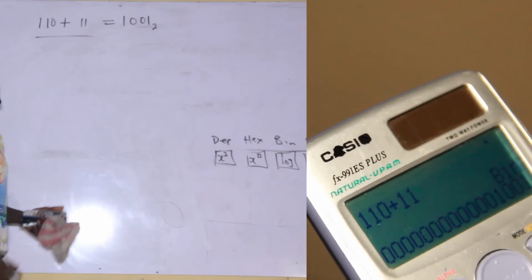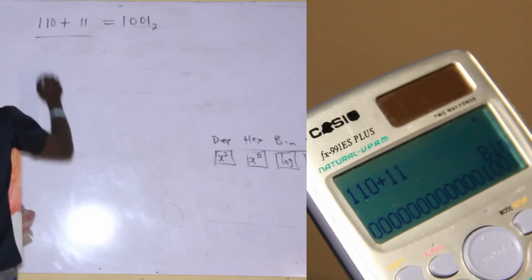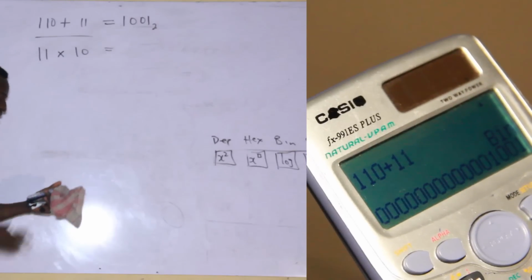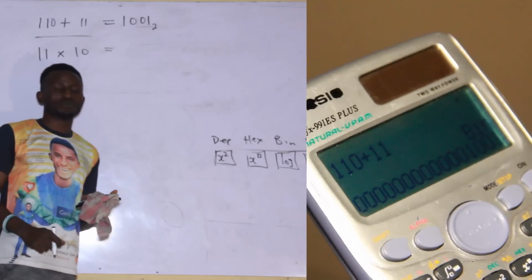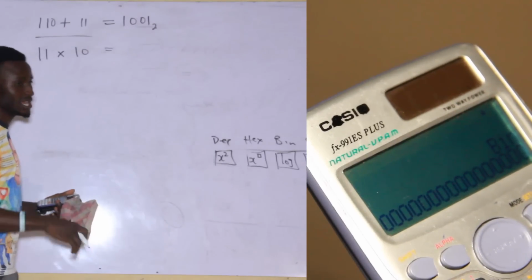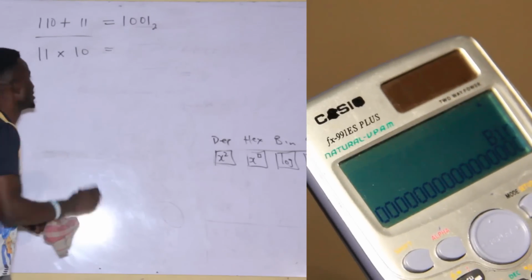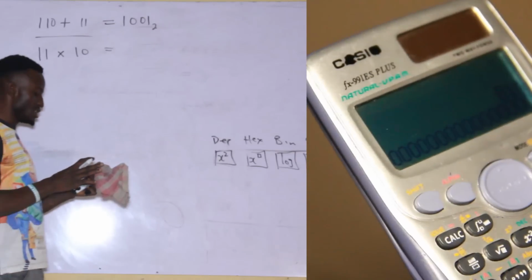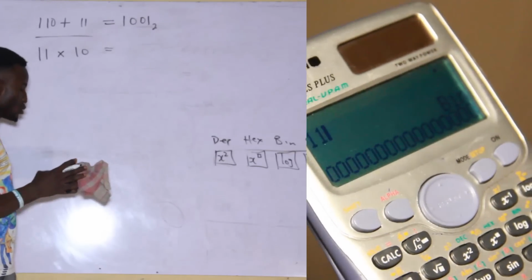Let's see multiplication. If you're asked to multiply binary numbers, say 11 multiplied by 10, press AC. When you press AC, you observe that the calculator is still in binary. If it's not in binary, take it to binary. Then press the question you are asked to multiply, 11 multiplied by 10.